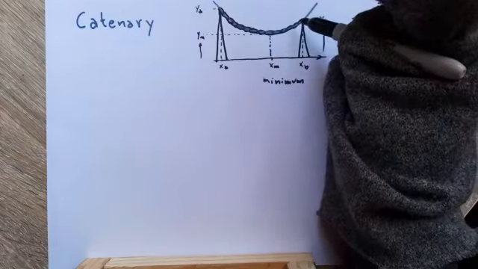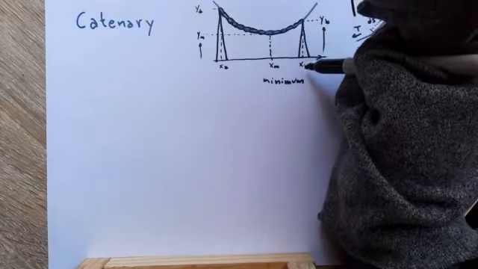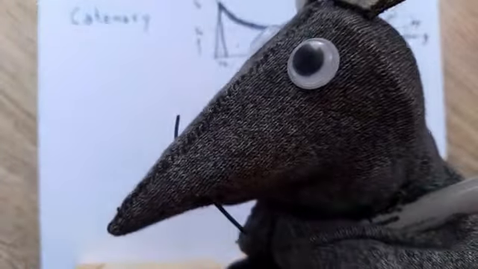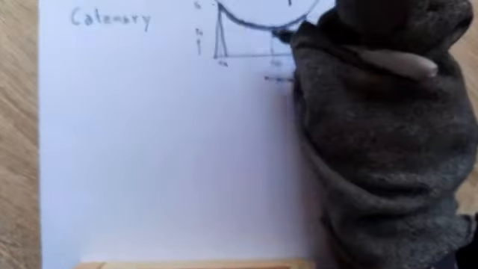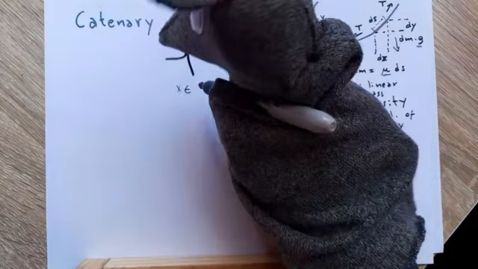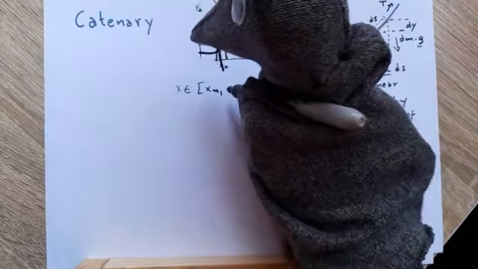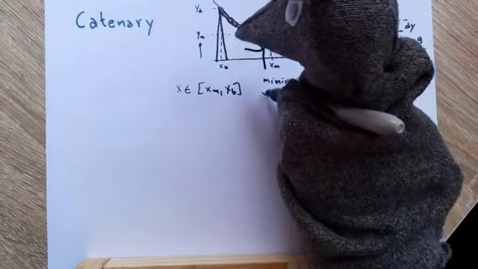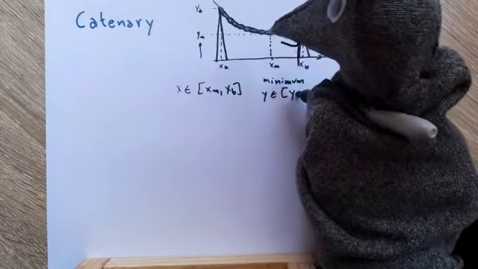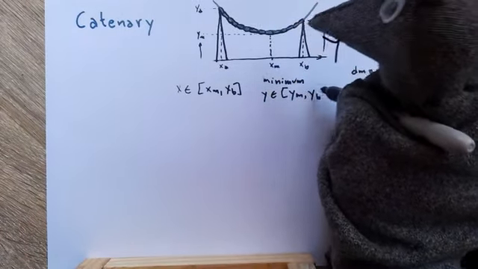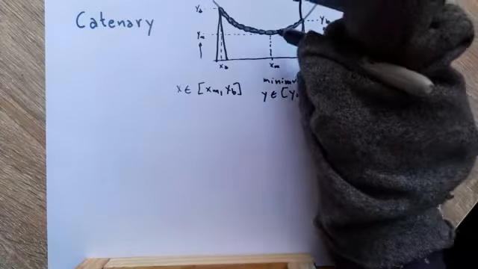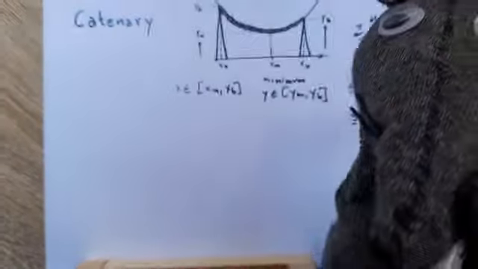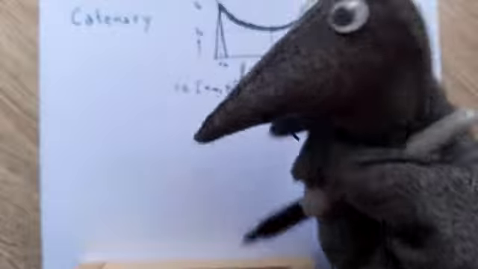The right extreme has coordinates xb, yb. Then we will consider only this part, x belonging to xm to xb, and y belonging to ym to yb. This is a simplified thing because here the curve has a positive slope, so things will be nice, but the calculation will then be applied to the whole curve.